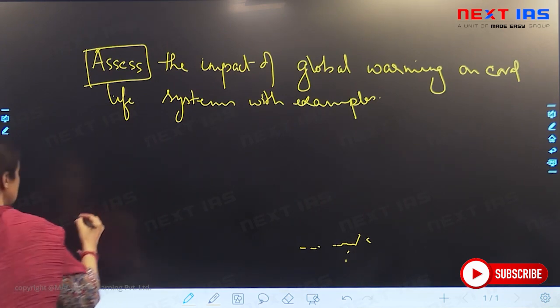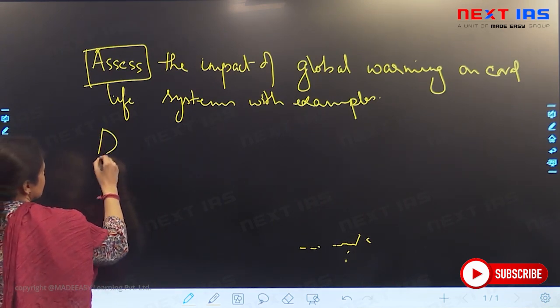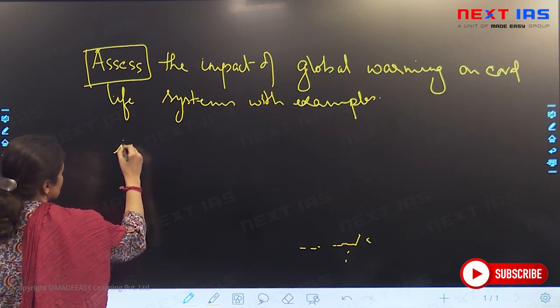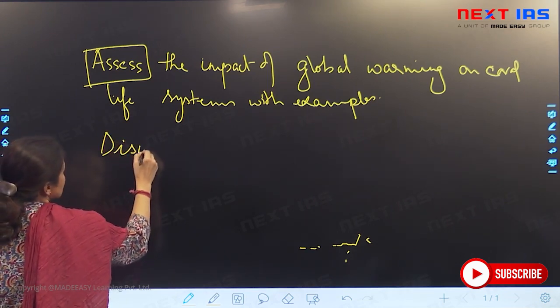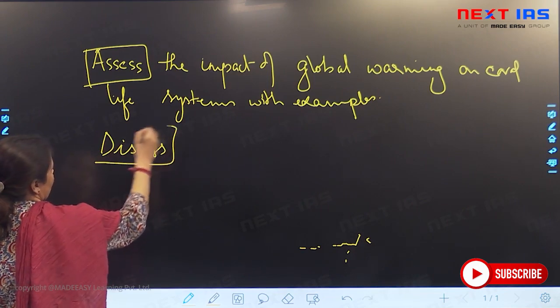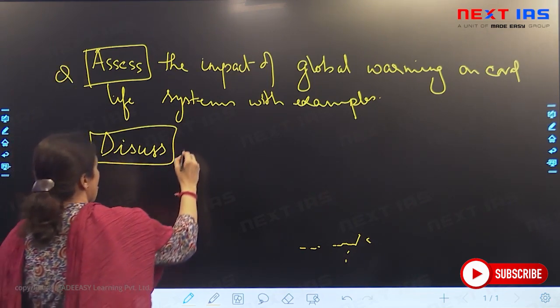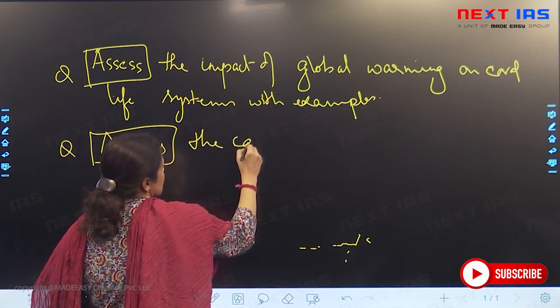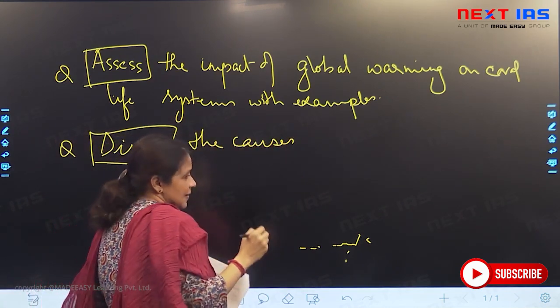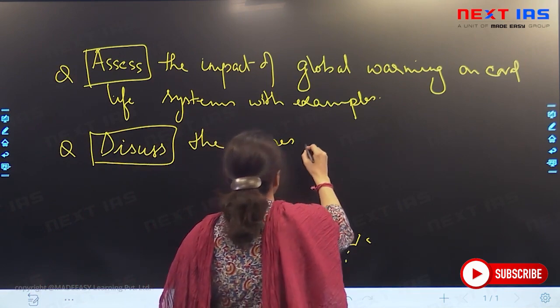Another very common tail word, if you see last year's question paper, is "discuss". Most of the questions in last year's question paper had this tail word discuss.